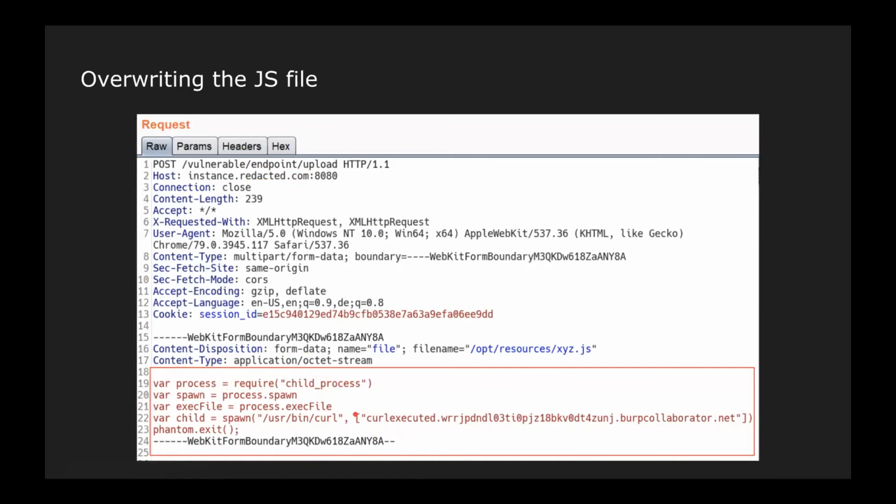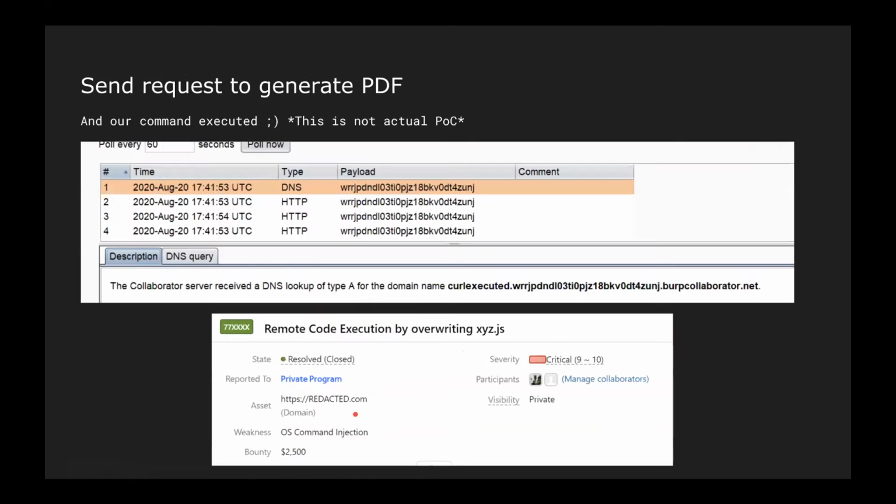After that, we just make a request to the PDF generator again. Only this time it will execute phantom JS with our input in the xyz.js, and that leads to command execution. So this is how I was able to get a remote code execution on the target application.